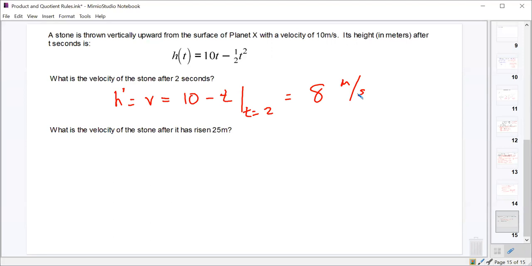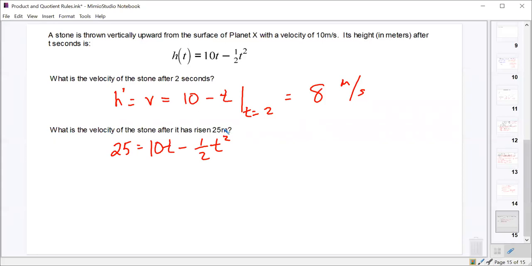Good or no? All right. What if we want to know what the velocity of the stone is after it has risen 25 meters? You can set 25 as the displacement equation and then find t. Exactly. So we want to know the velocity when the height is 25.